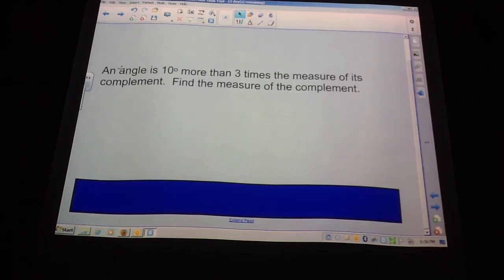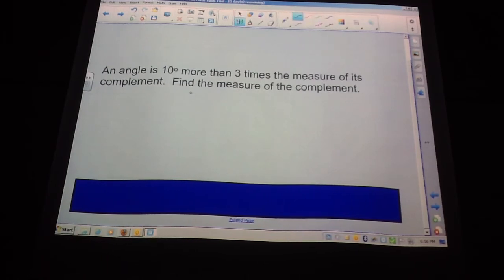Alright. Now we have an angle that is 10 degrees more than 3 times the measure of its complement. We find the measure of its complement the same way as we did the other problems from the previous page.